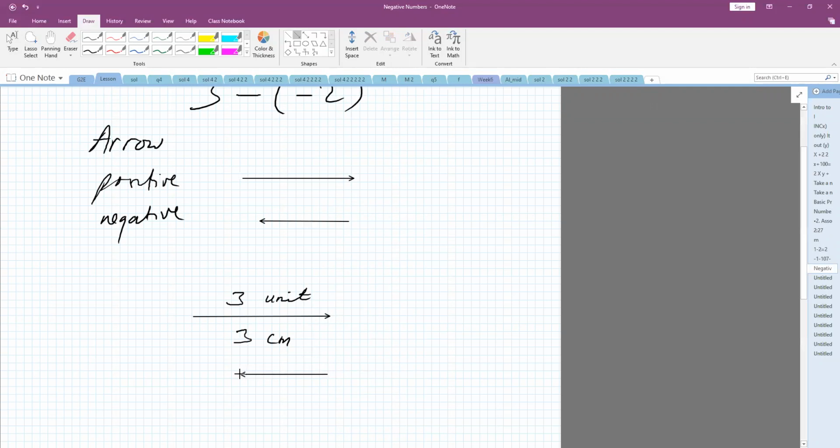And the length of this arrow is 2 units. Yeah, 2 units. Now, for example, if you measure with your ruler, you can have 2 centimeters. Yeah. So this is negative 2. Simply, you have an arrow and then the direction is to the left.